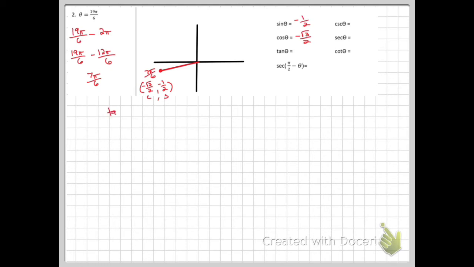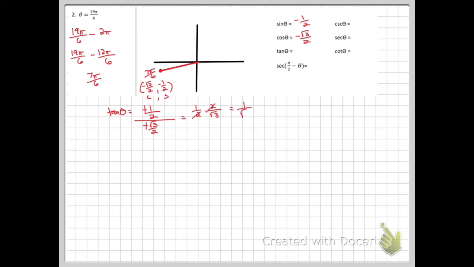Remember, tangent is sine over cosine, or y over x. So negative 1/2 over negative root 3 over 2. First of all, I see two negatives. Those go away. I keep the top, and I flip and multiply by the bottom. The 2's cross out.